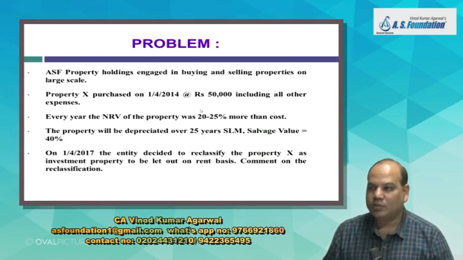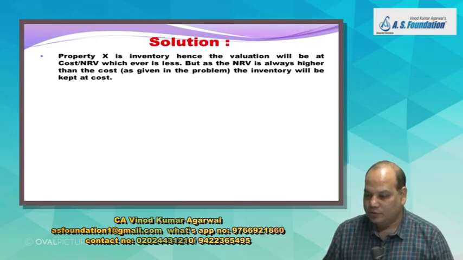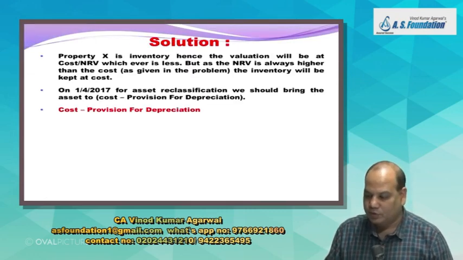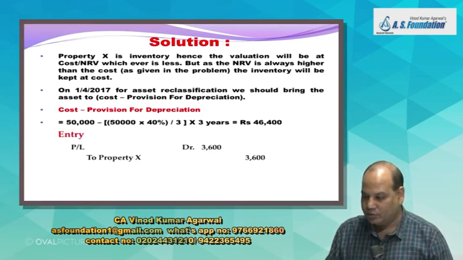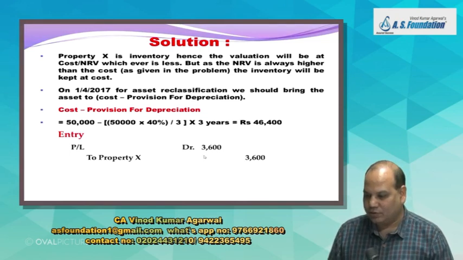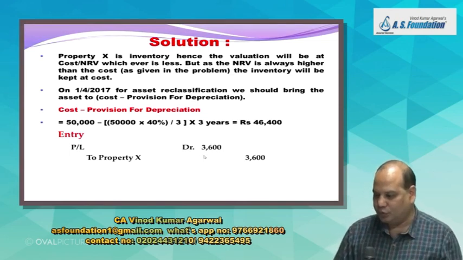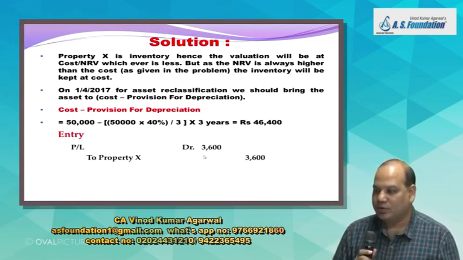So 50,000 minus 3,600, 46,400 will be the value of your property. Okay. And the journal entry will be profit and loss account to property X 3,600. Write down.